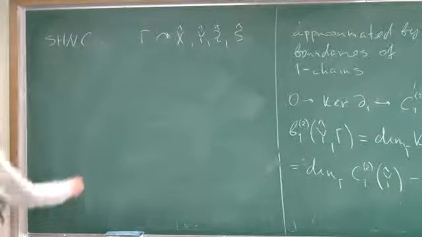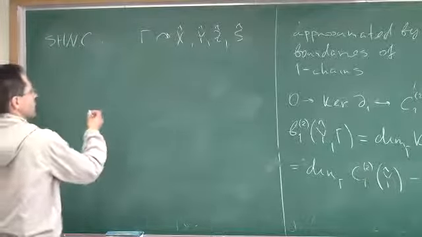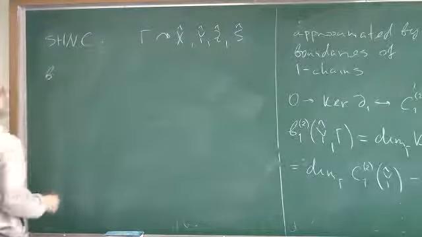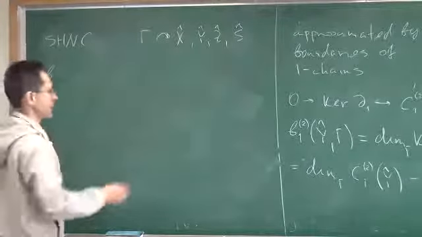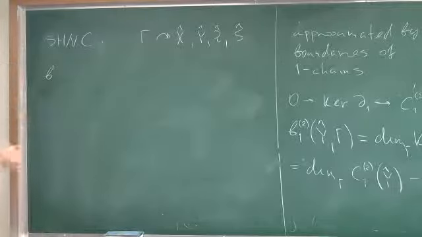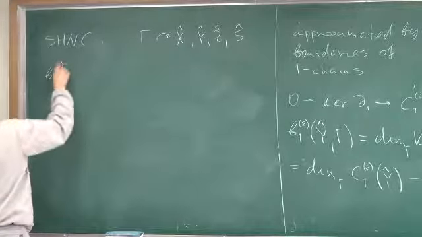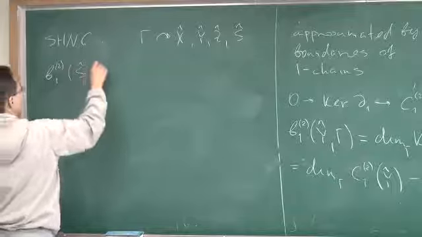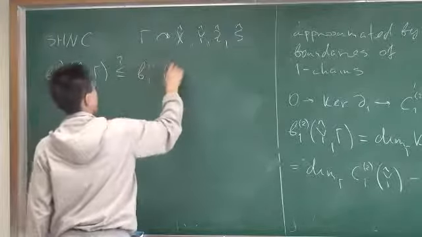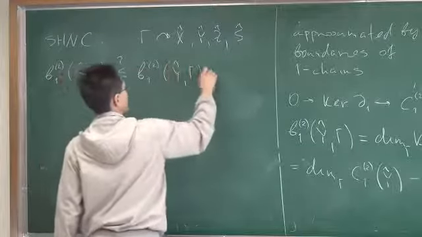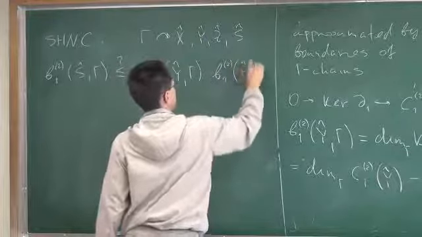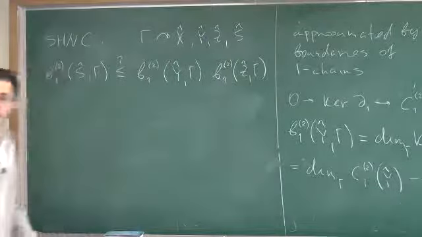The statement of the Hanna-Neumann conjecture can now be restated as, instead of reduced rank, in every place you replace the reduced rank by the first L2 number. The first L2 number of S hat, gamma is at most B1 of Y hat gamma times B1 of Z hat gamma. So this is the restatement.